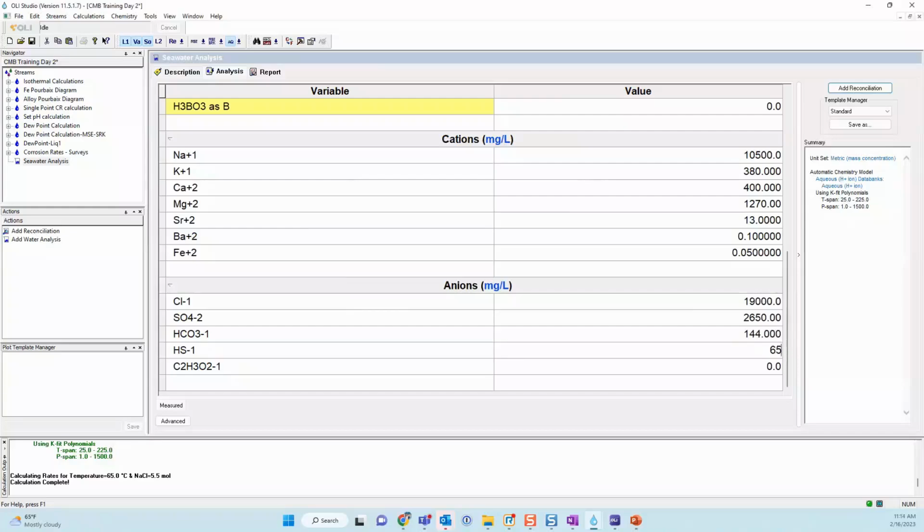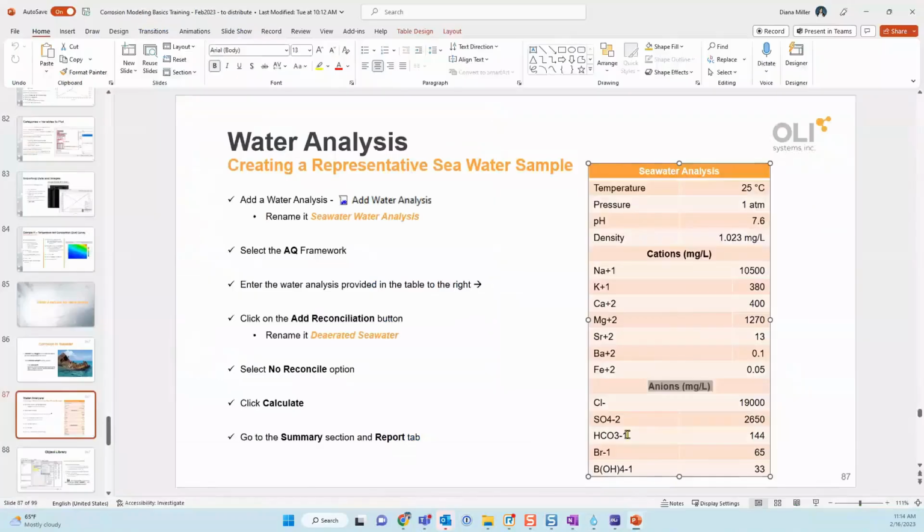Bromides. No, this is not bromide. So the next component is the bromide. That's what I have in this PowerPoint here. So we have the chlorides, sulfates, bicarbonate, and we have the borates, and we have also the bromide.